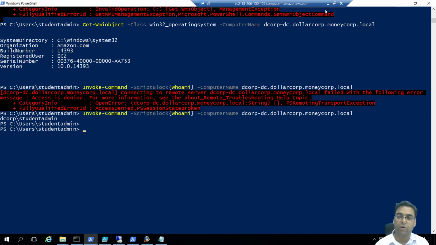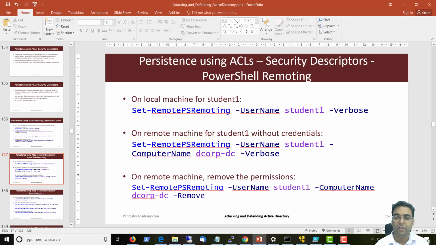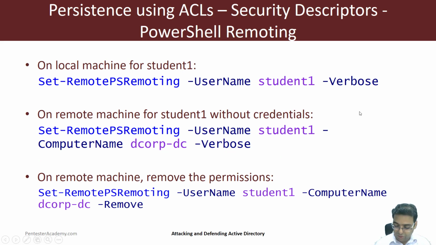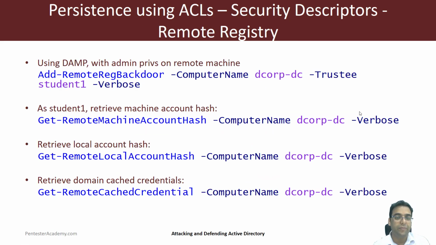Now this is just one other option of the various options we have. We can also simply modify permissions on the remote registry service and multiple registry keys to do some more interesting stuff.